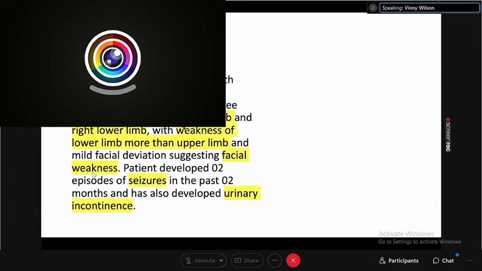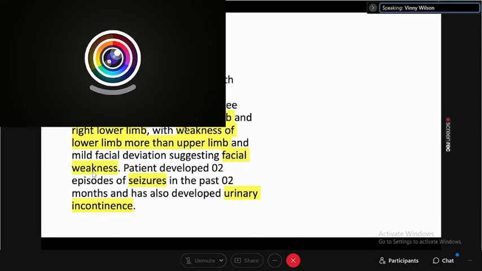Now, because we know that the internal capsule is a densely packed area, it leads to a dense hemiparesis, which further means that the weakness is equal in the upper and the lower limb, which is not so in our case. The right lower limb is more weak than the right upper limb. So this is unlikely to be in the internal capsule, and our lesion goes even higher up, above the internal capsule to the cortical region.